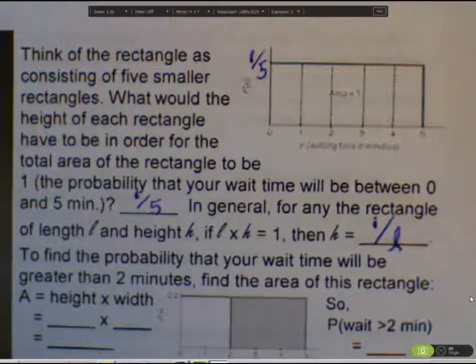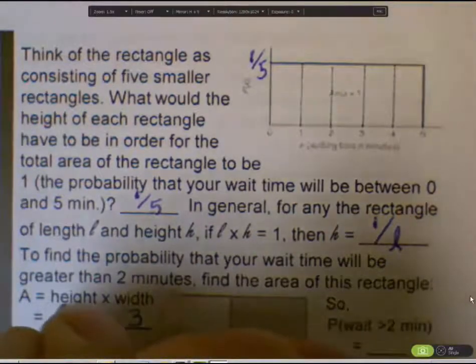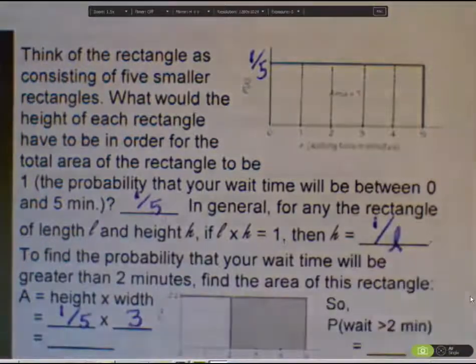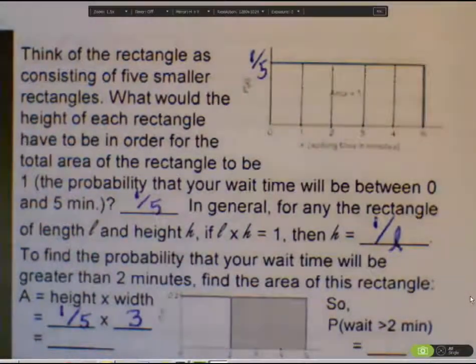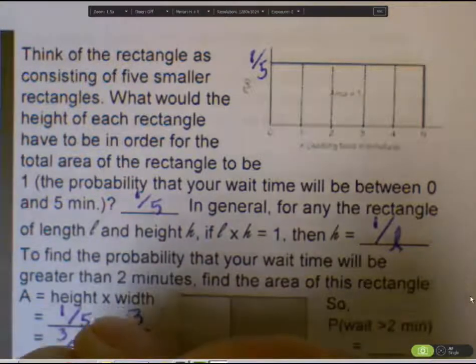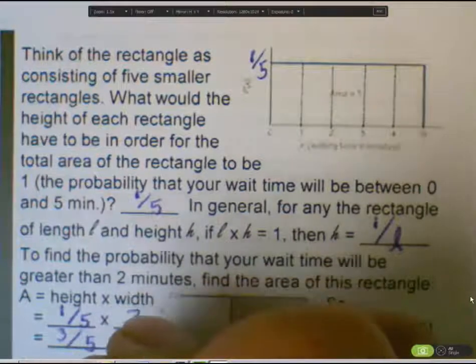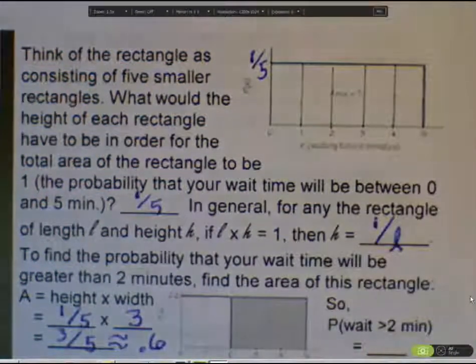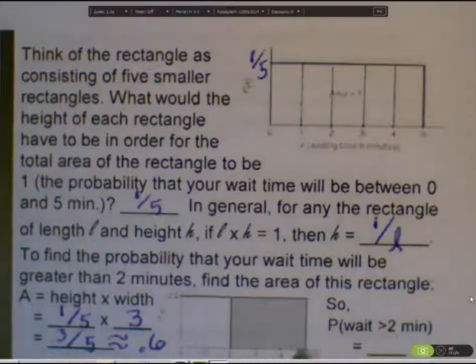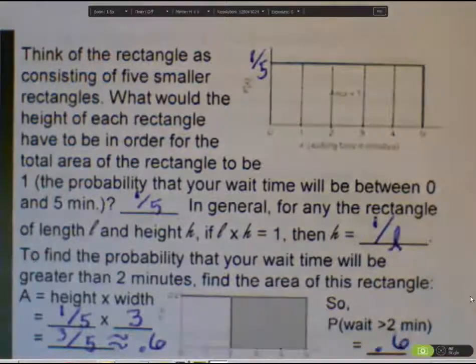So the length, or in this case, I'm calling it the width, is 3, and the height we've already established was 1/5. 1/5 times 3 is 3/5, or written as a decimal, that would be 0.6. That means the probability that your wait time is between 2 and 5 minutes inclusive is 0.6.